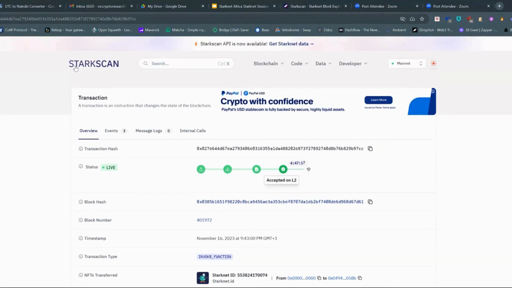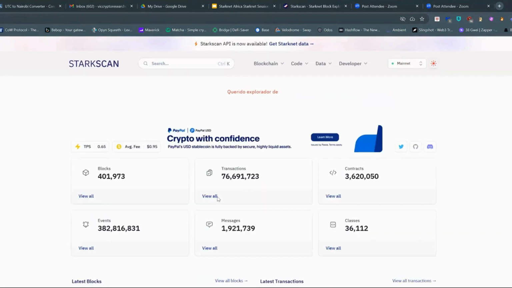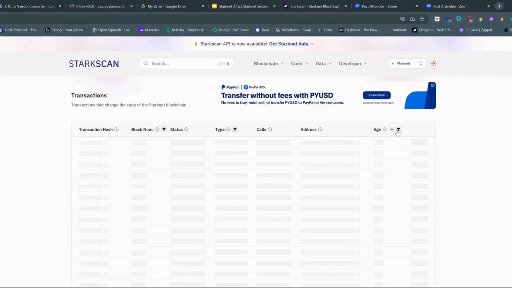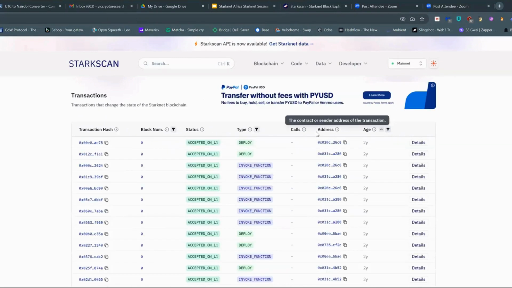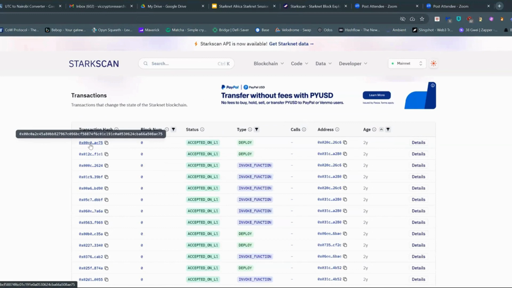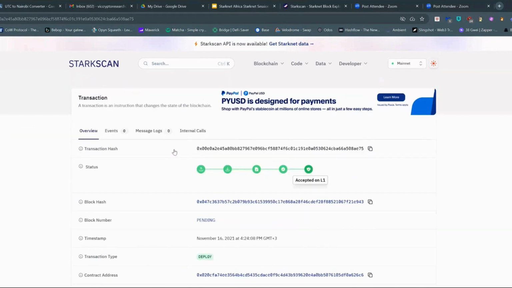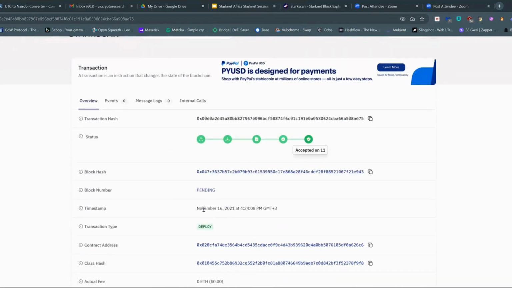So let's just confirm that. Yeah, so here we have some older transactions. This one is dated November 2021. And we can see that finally this transaction is accepted on layer 1. So this transaction is stored on Ethereum mainnet.